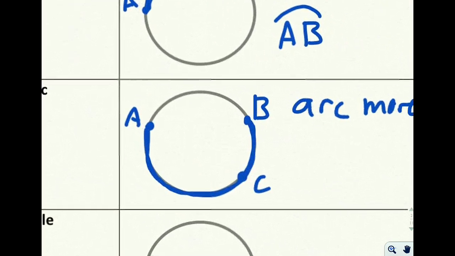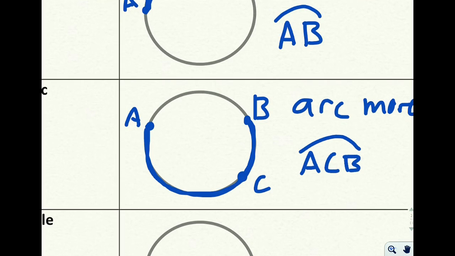And so an arc that is more than 180 degrees needs a three-letter name to clarify that it is not the shortest path. If you just called it arc AB again, we would think that we're talking about that green thing there, the shortest path. But we're not. We're actually talking about the longer path. So you would call it arc ACB.